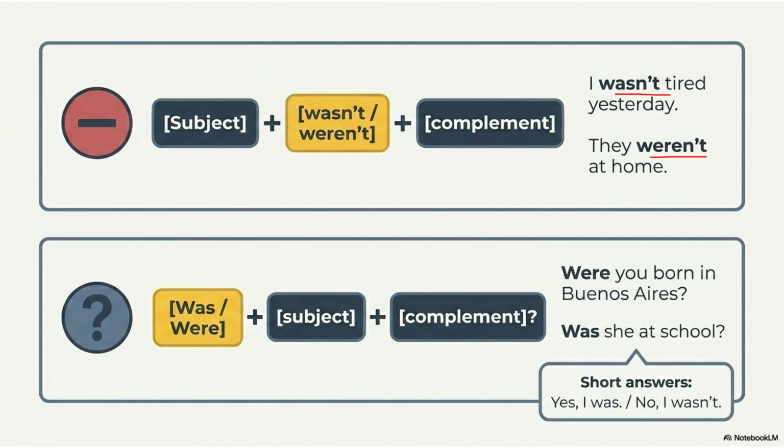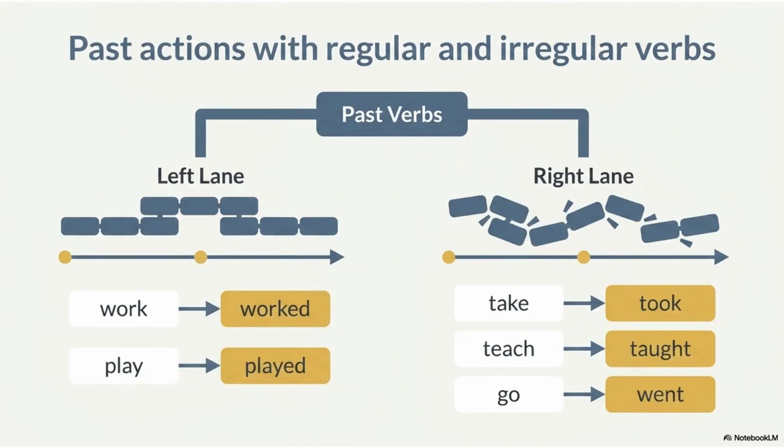Was she at school? So these are yes or no questions, right? And here we have the short answers. Yes, I was. No, I wasn't. Okay, this is not new. We discussed this topic. This is, I think, the third time we discussed this topic.